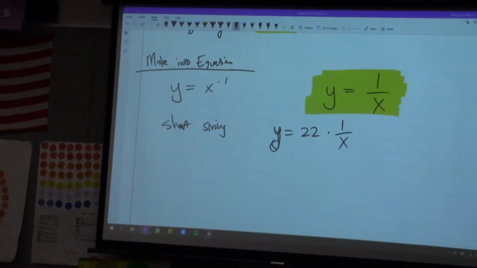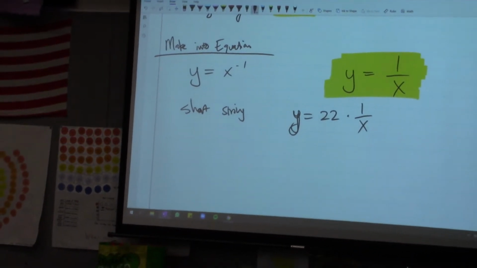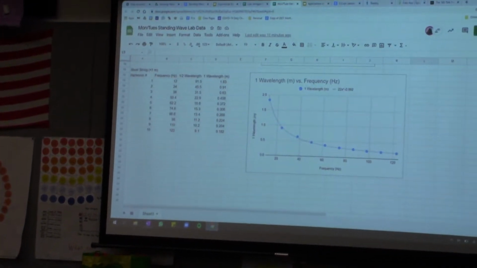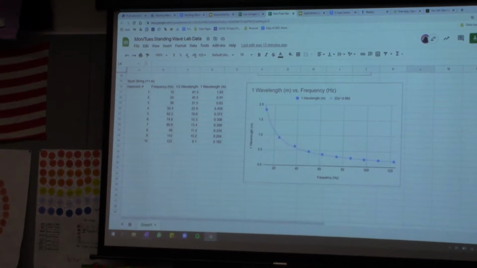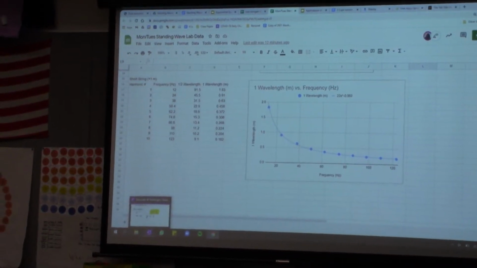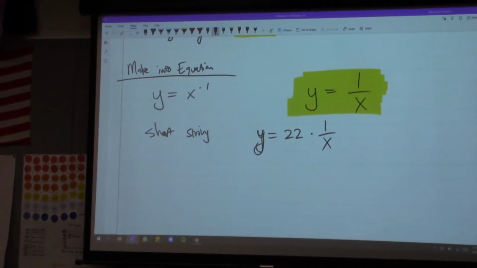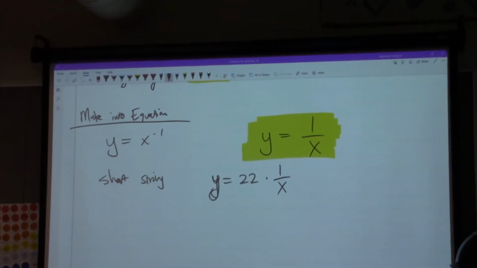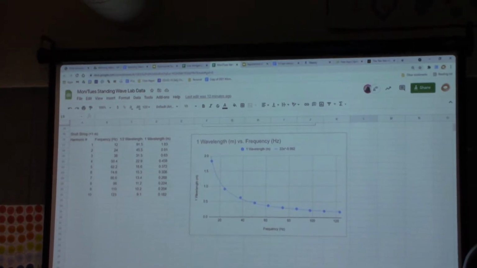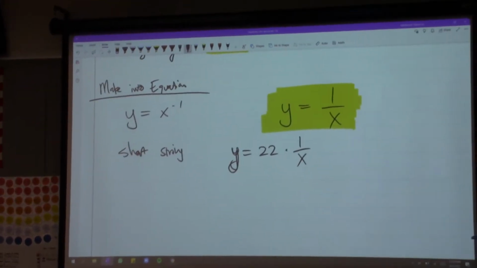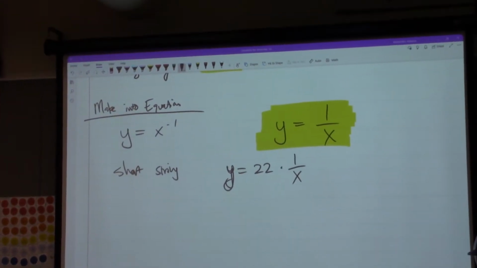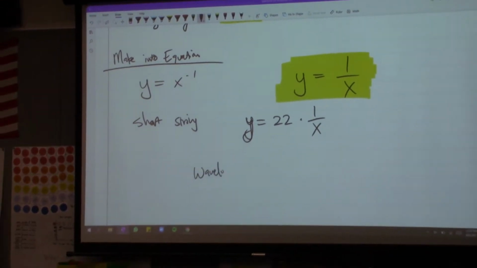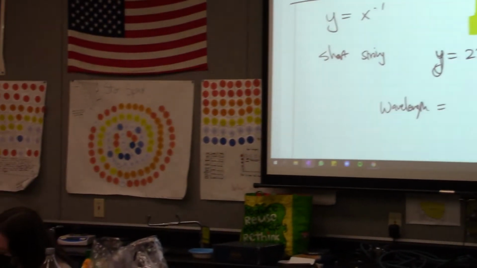We plugged in the letters. So, what are the letters that we've got here? What's on our y-axis and what's on our x-axis? Our x-axis is frequency, it's hertz. Y is wavelength. So that would mean wavelength equals 22 times 1 over frequency.